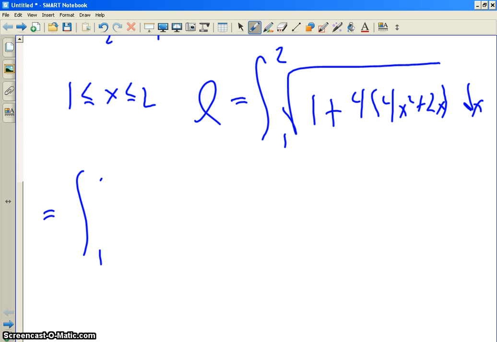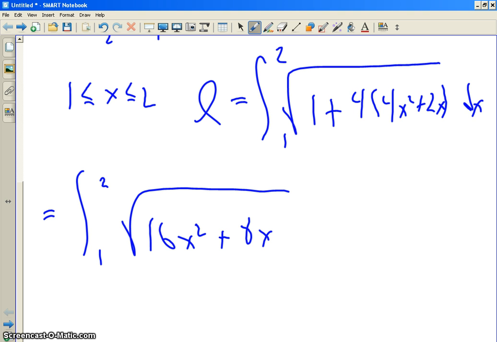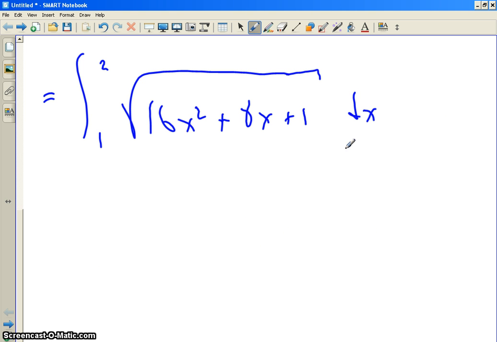So the integral from 1 to 2, square root of 4 times 4x squared is 16x squared plus 8x plus 1, right? I'm writing it in descending order of degree, just to organize it a little bit. And isn't that factorable? In fact, isn't that a perfect square? Don't you get perfect square factors, the same factors twice?